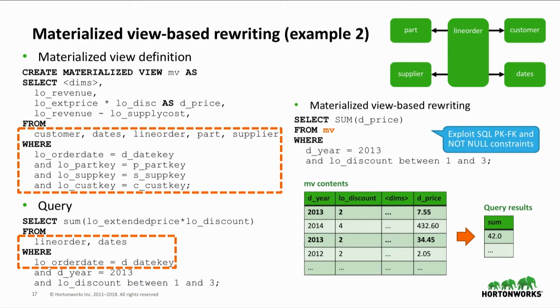So then when the query comes and the query is asking only for two tables, line order and dates, doing some join and some filter, the rewriting will be able to use the materialized view because of this property that I told you. You can just read from the materialized view and project what you need, because you know that you will have all the information that you needed in the view.